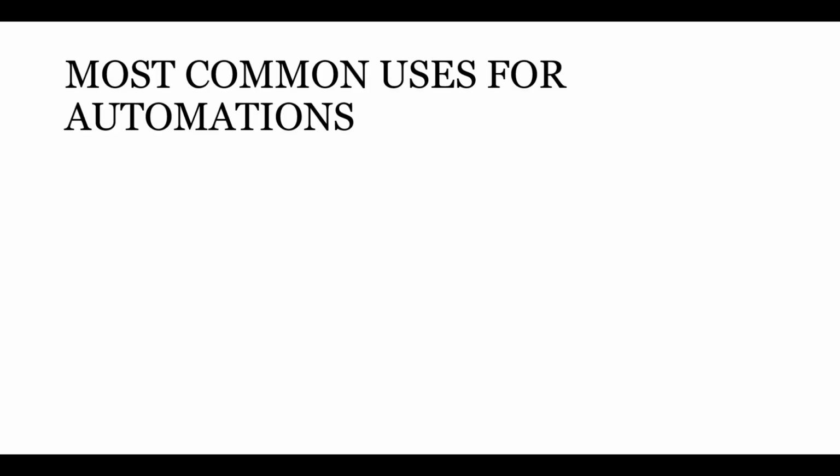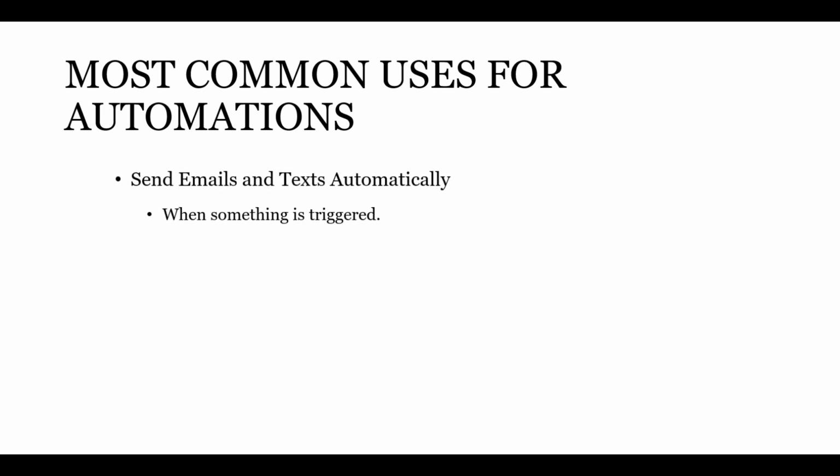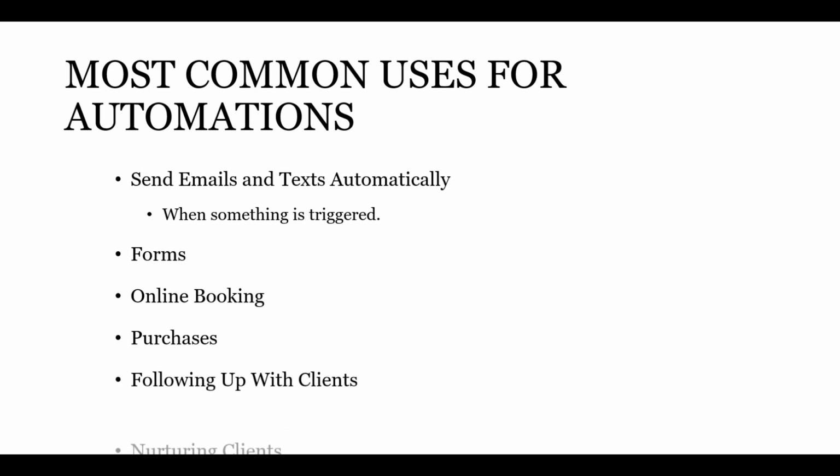Some of the most common uses for automations are sending emails and texts when someone fills out a form or a contract or anything, online booking, purchases if you sell products online, and following up with and nurturing clients. So automations, we're going to go ahead and jump in now, and I'm going to show you how to set up an automated email for when someone fills out a form on your site.